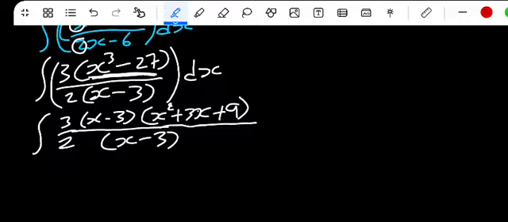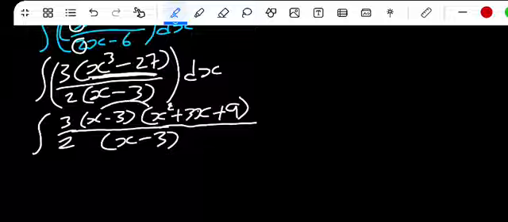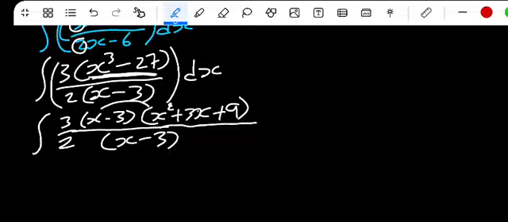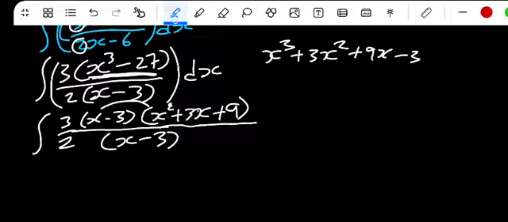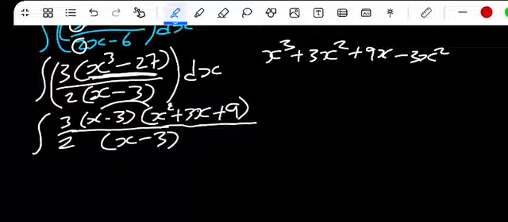So that is what you have. You can double check whether it returns back. If you multiply x by x squared, you have x cubed. Then you multiply plus 3x squared plus 9x. You go again, minus 3x squared. Then you distribute again, that 3 will give minus 3 times x is minus 9x.